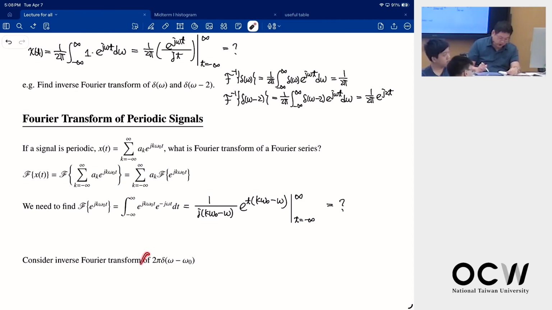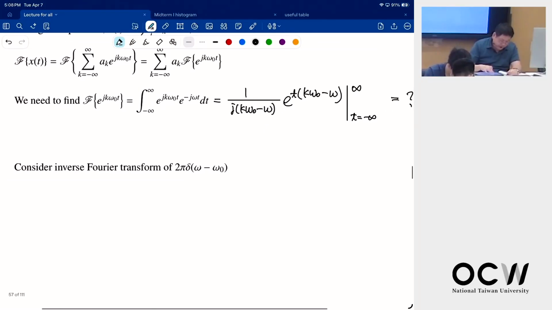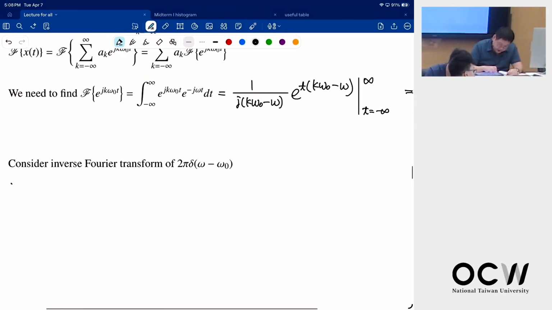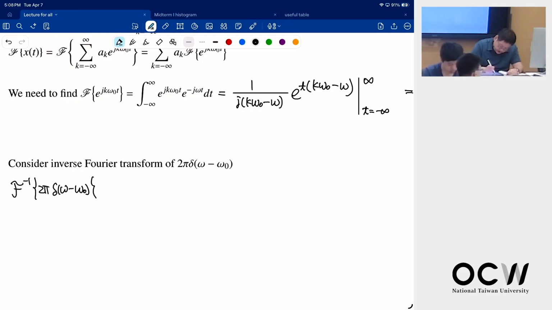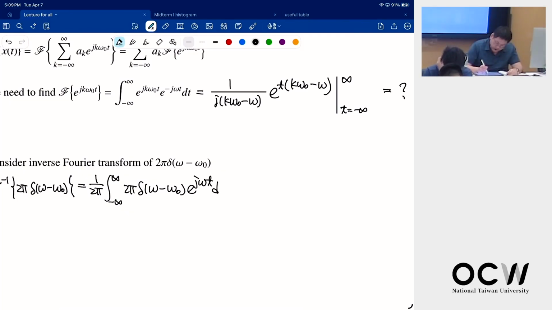So if I try to find the inverse Fourier transform of this one, we get the integral of 2 pi delta function omega minus omega naught times e to the j omega t d omega.